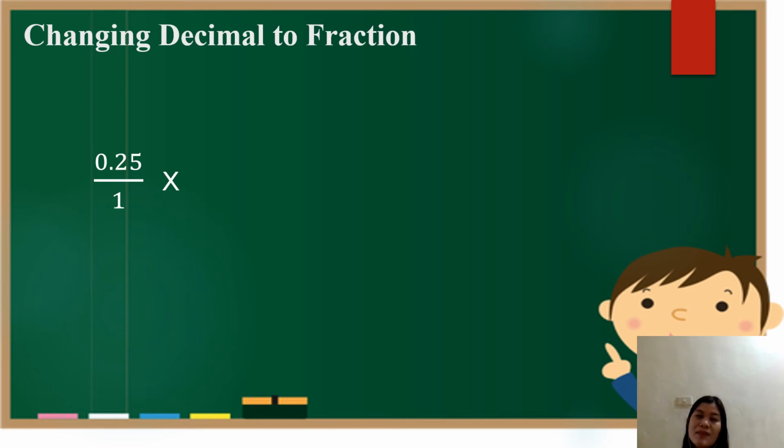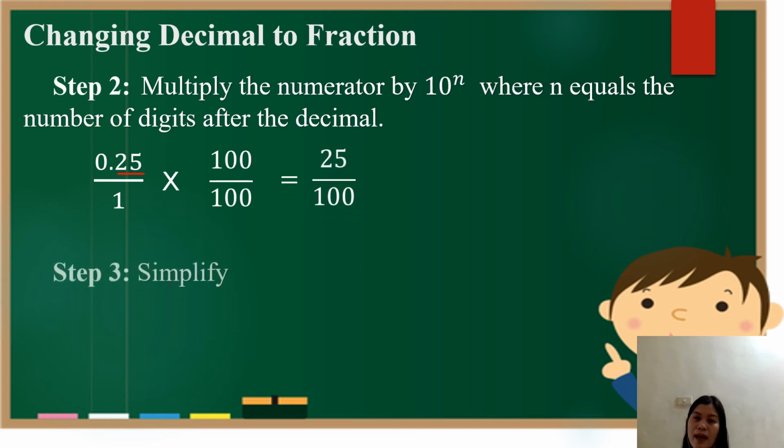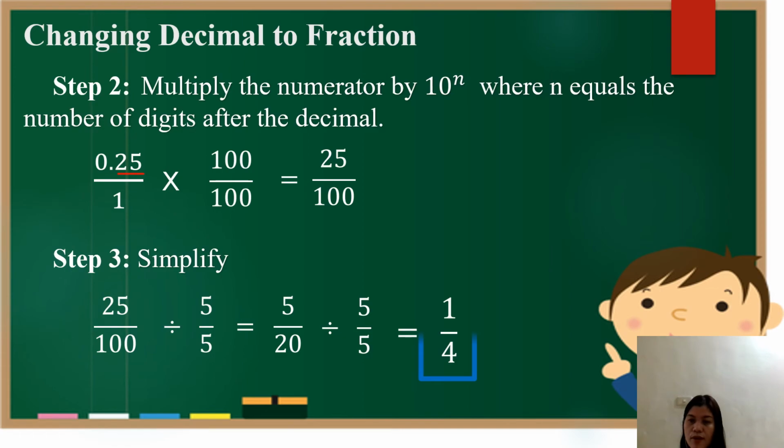So 25 is in the hundredths place value. Therefore, we are going to multiply this by 100. So that is 25 over 100. Simplify, so you have to reduce this to the lowest terms. So our answer would be 1/4. Okay? Next number.